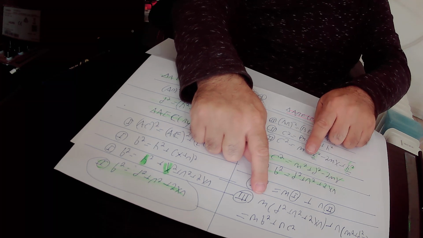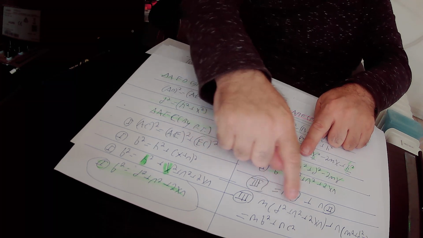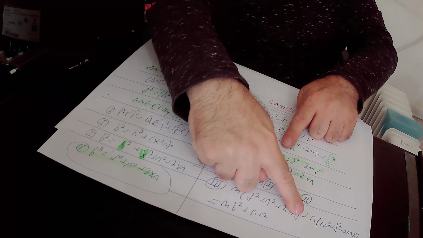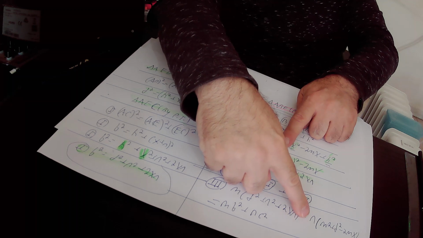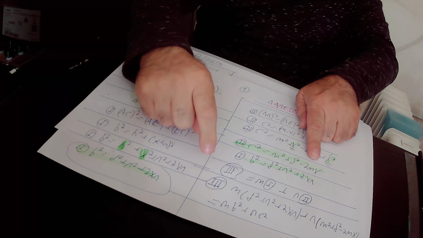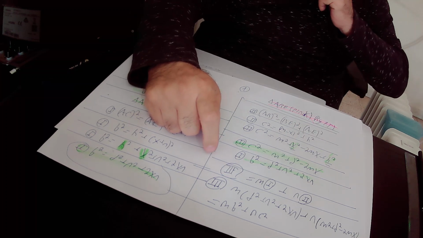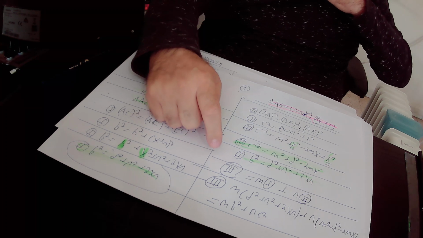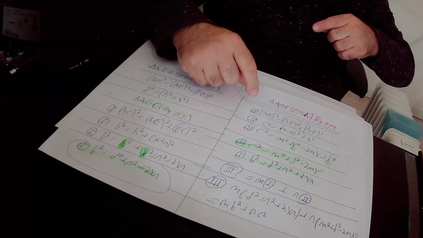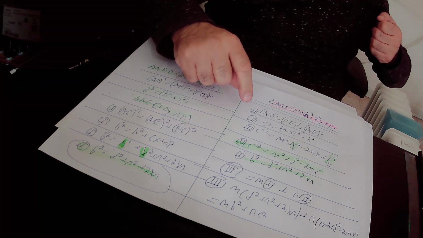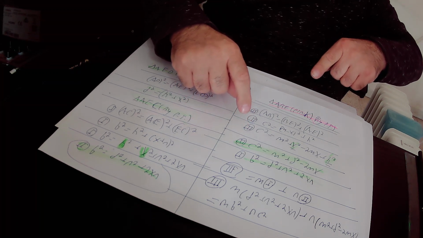Then we multiply the right side of equation number 2 by n. So inside the brackets we have n, and inside the brackets we have m squared plus d squared minus 2 times xm. Okay? And it must be equal to the multiplication of the left side of equation number 1 by m.